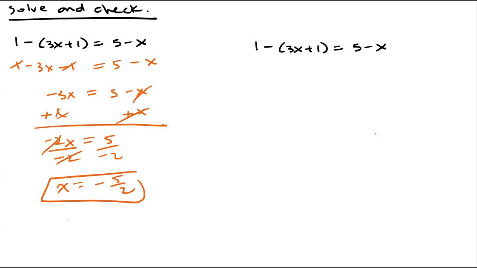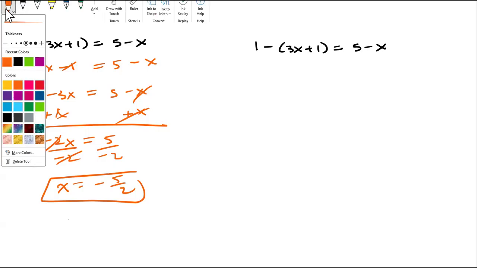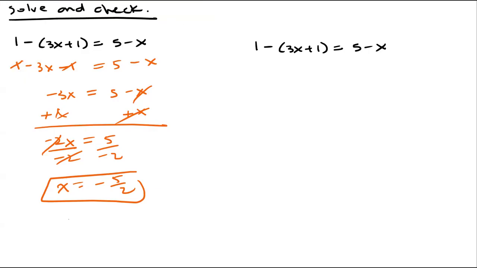Okay, so if I plug in negative 5 over 2 for x, we'll get 1 minus negative 5 over 2.